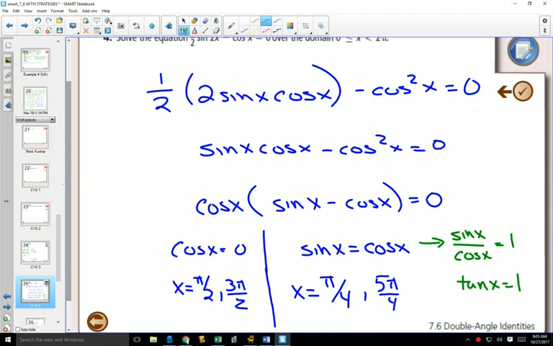And for those of you that like to think complicated about math, I've been telling you not to divide. I've been telling you to factor instead. Here I divided by cos to get sine x over cos x. The reason I'm allowed to divide from here to here is if I look at just this equation, sine x equals cos x, if cos x equals 0, is it a solution?